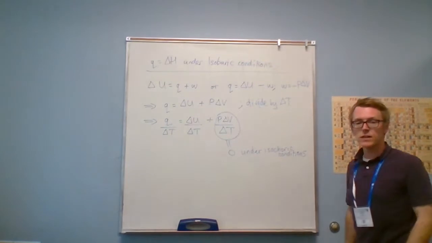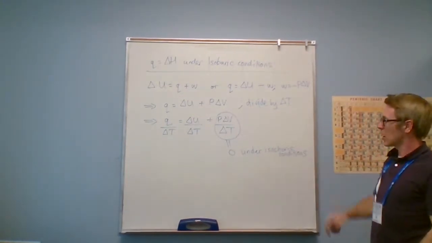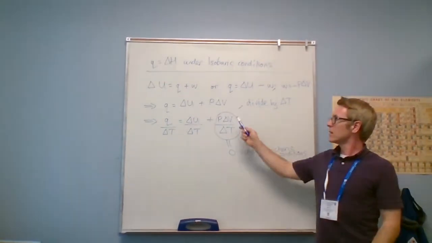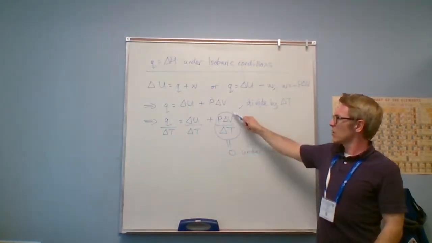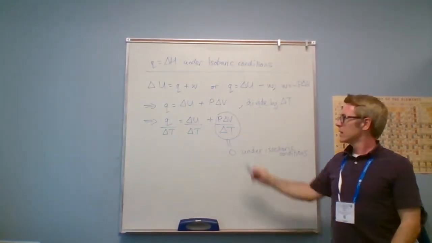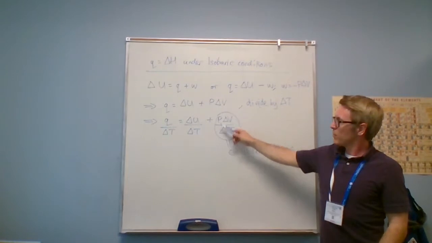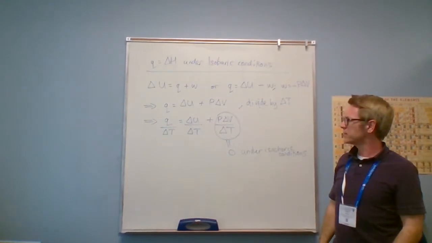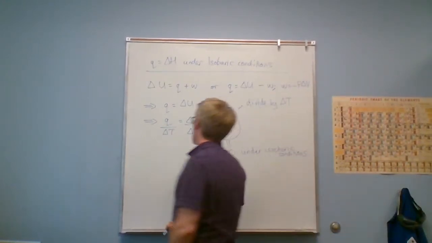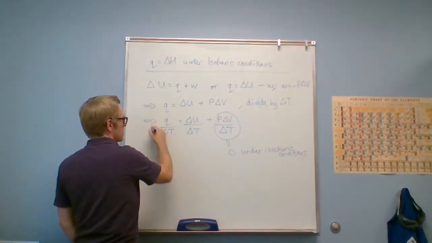In a previous video, we saw that the vocab isobaric conditions means that delta V is 0. If delta V is 0, this whole part of the equation equals 0 also. So I'm left with this expression here.